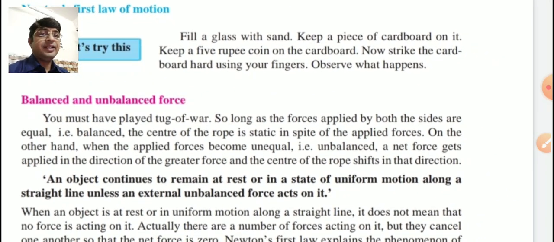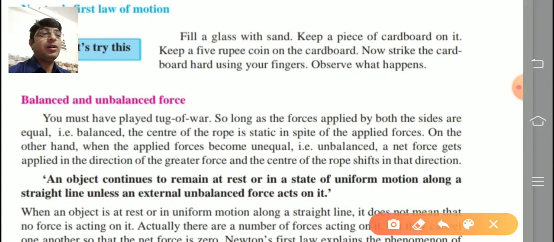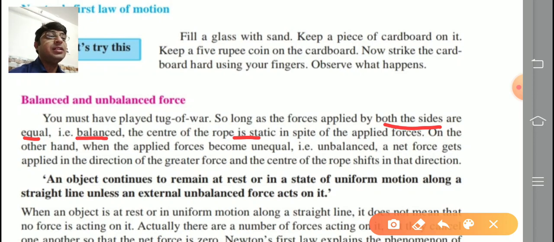So that is related to our Newton's first law of motion, balanced and unbalanced forces. In the previous standard you learned about balanced and unbalanced forces. Now you must have played tug of war. As long as the forces applied by both sides are equal, that is called what? When the forces on both sides are equal, it is called a balanced force. The center of the rope is static. Static means it remains at rest in spite of the applied force.